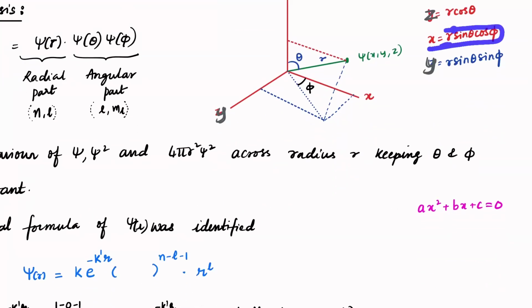Check out: we have sine theta cos phi, which means we are talking about an x component. When you are talking about an x component, it will not have any existence along the z-axis or y-axis.